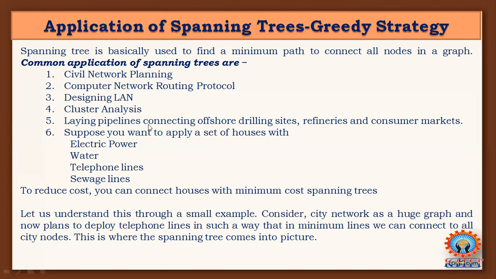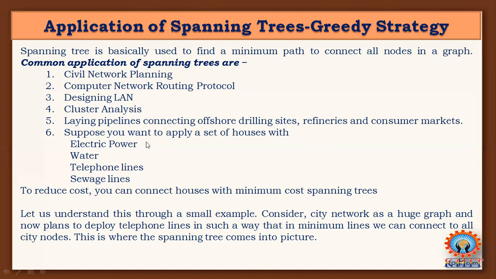In this way, if you want to set up electric power, a water plant, a telephone line, or sewage lines in our day-to-day life, or while constructing a house, we commonly use spanning trees. To reduce the cost, you can connect houses with a minimum cost spanning tree. The reason we apply spanning trees in our day-to-day life is to reduce the cost.